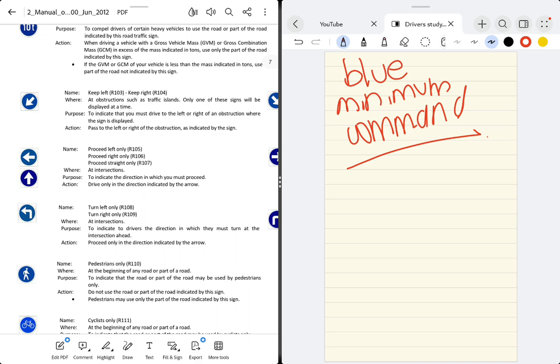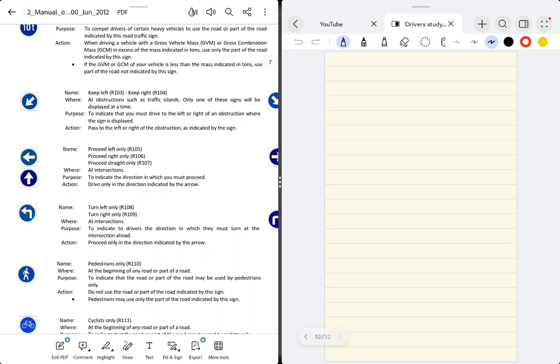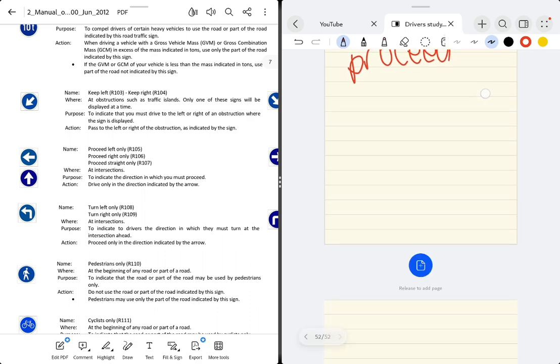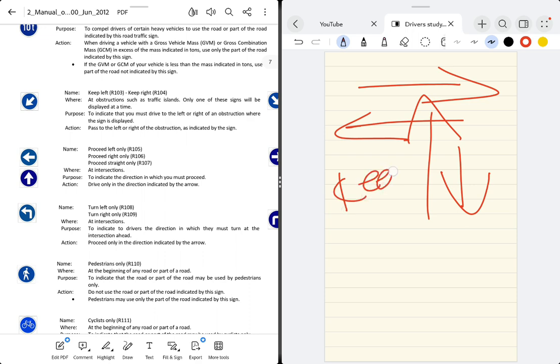Okay, so I feel like if it's at an angle, it's just keep. If it's straight like that, then it's proceed. So let's remember with these blue ones. If it's in an angle like that, it just means softly keep. And if it's not in an angle, it means proceed, like it's shouting at you.